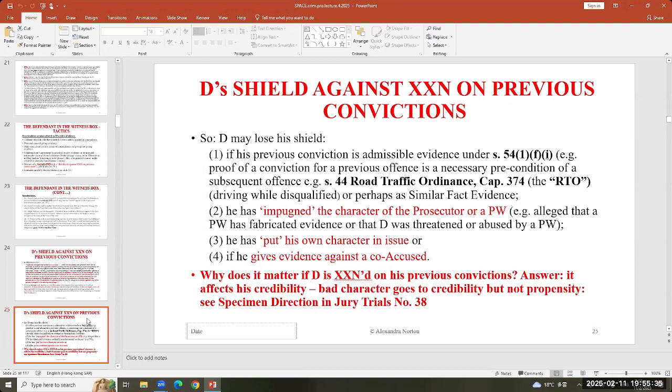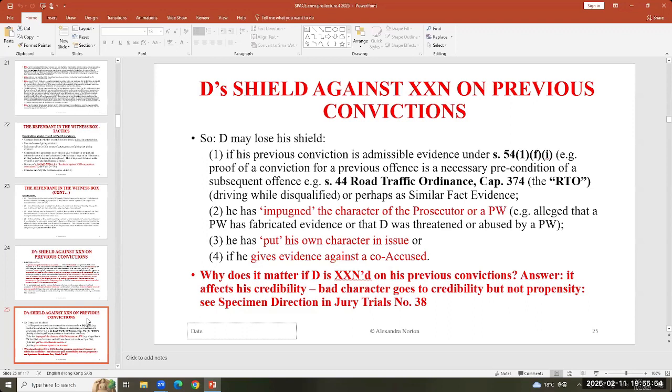But it also covers more generally the common law principle of similar fact evidence. Remember, at common law, similar fact evidence may be able to be introduced. But he can also impugn the character of a prosecution witness or the prosecutor, put his own character in issue, give evidence against a co-accused.